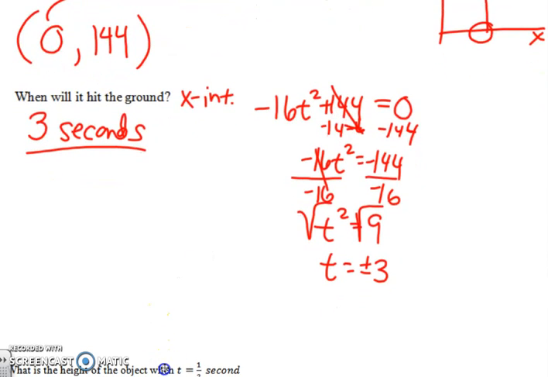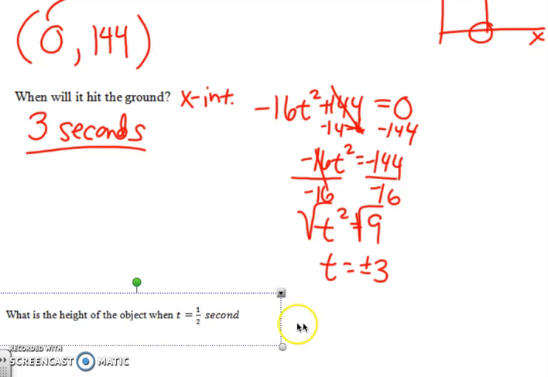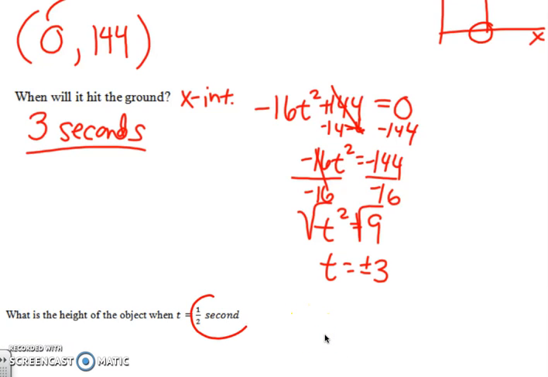Lastly, again, this question wanted to know the height of the ball at half a second. That is when you just substitute in 1/2, or you could substitute in 0.5. So go ahead and plug in 0.5 for t. 144. Once you plug that in, you should get 140 feet.